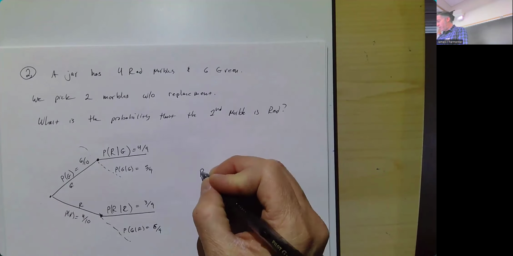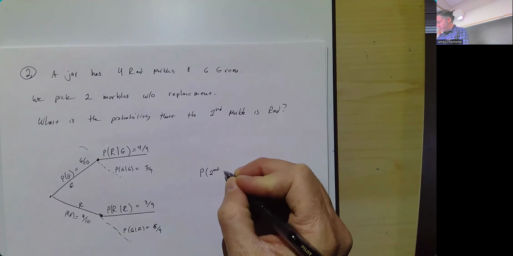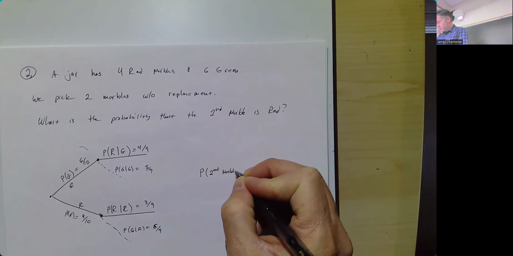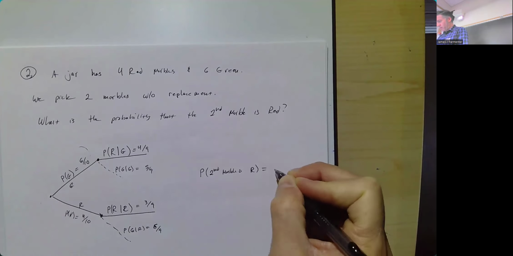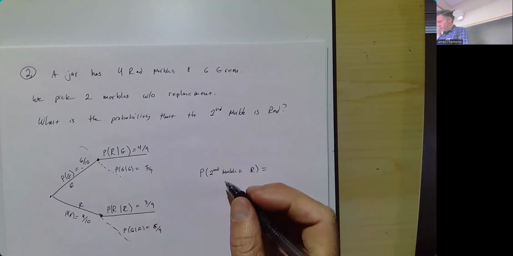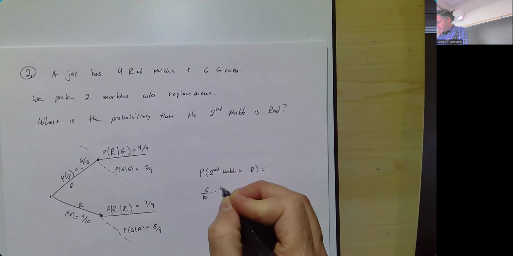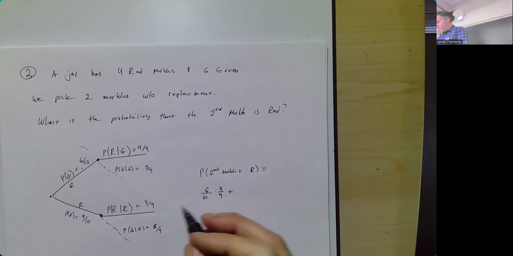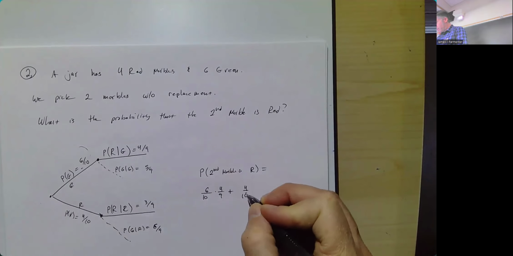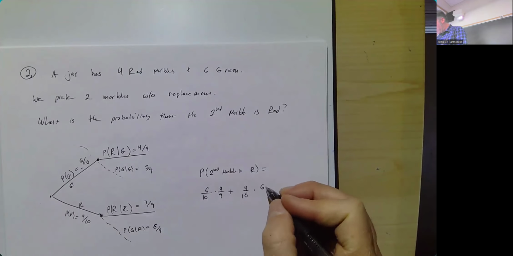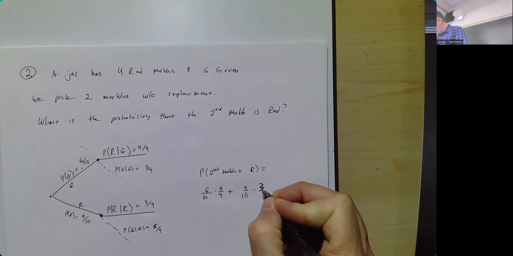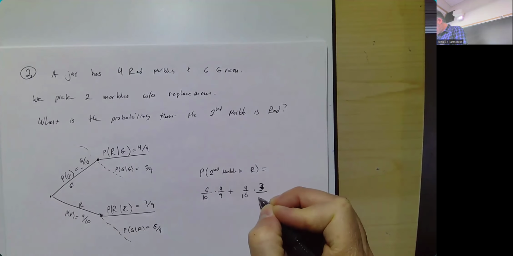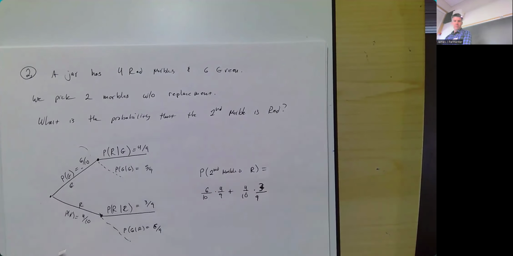So the probability that the second marble is red is going to be 6/10 times 4/9 plus 4/10 times 3/9.